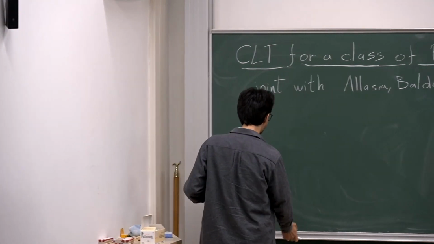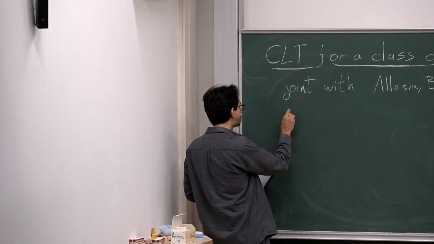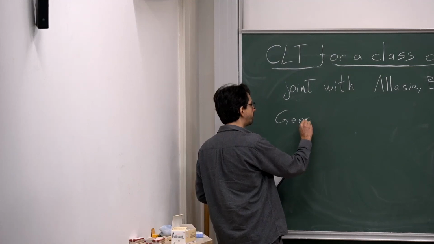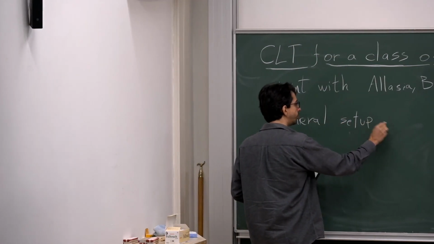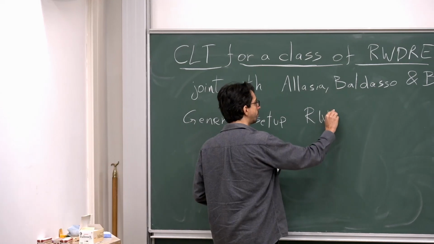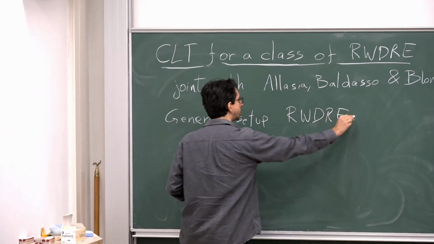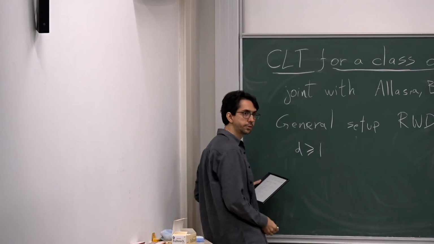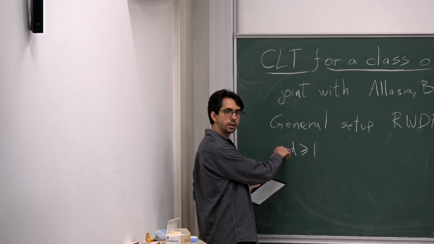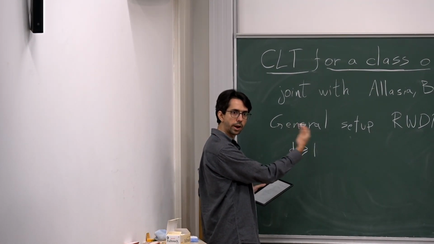We'll start with our setup. So in our general setup, for random walks in dynamic random environments, it's going to be taking place in D spatial dimensions and one extra for time.